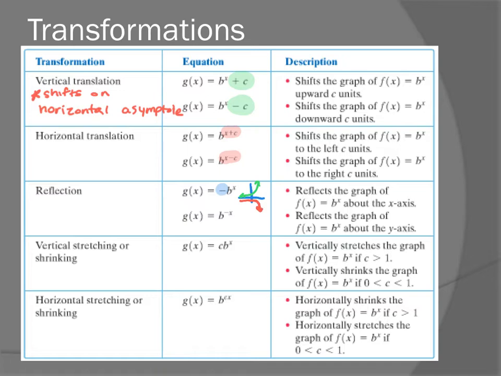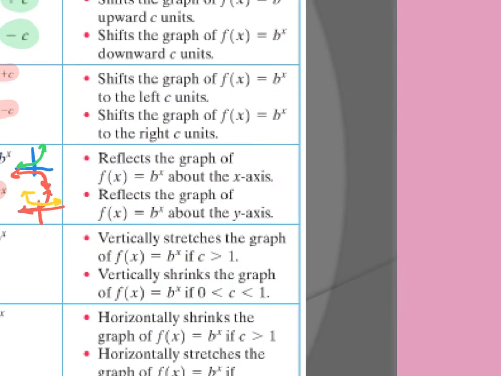Or if there's a negative in the exponent, it goes from increasing to the right to flipping over and falling left to right. So if the negative is in the front, it flips it upside down. If the negative is in the exponent, it flips it left to right.